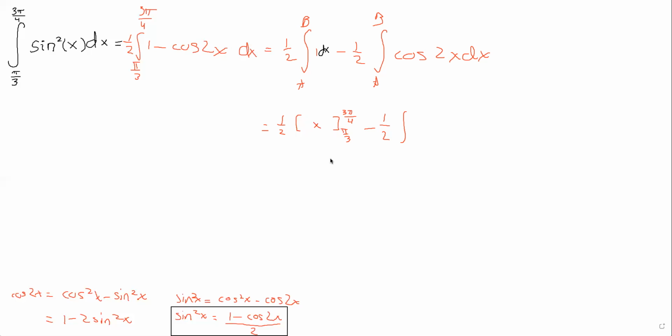And then what do we do with cosine of 2x? I think I'm thinking u sub, but I'm also thinking there was one rule for integration where you had to do it for every step.